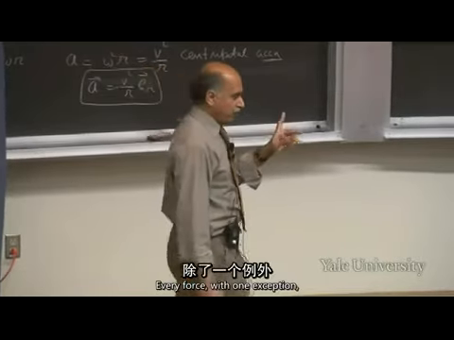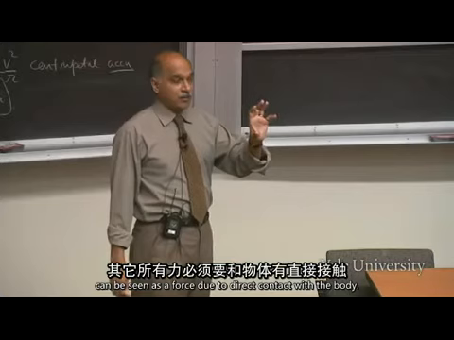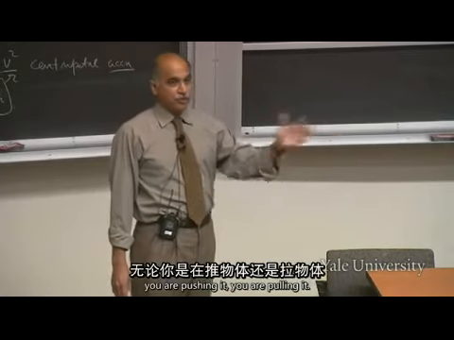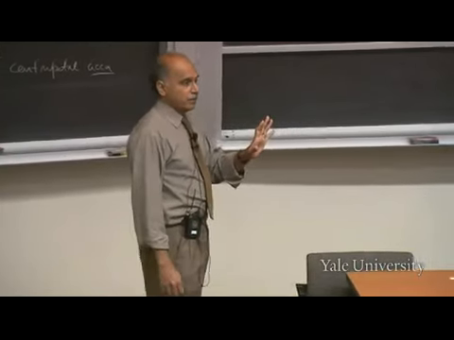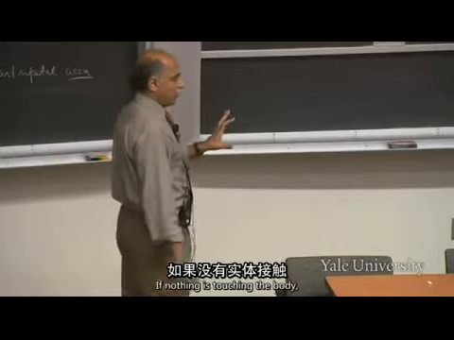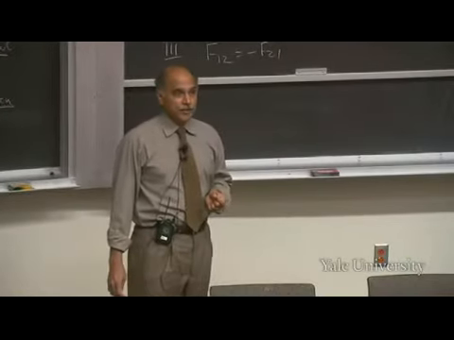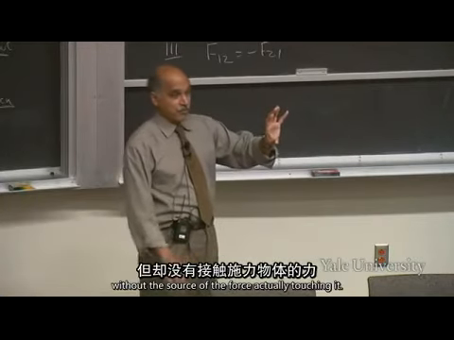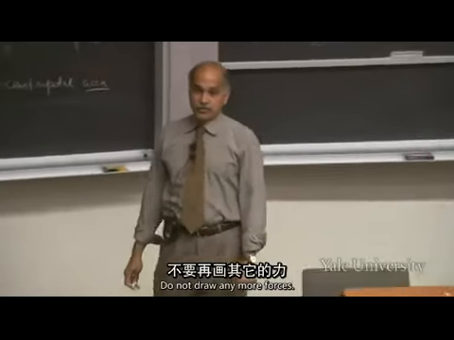Every force, with one exception, can be seen as a force due to direct contact with the body. Either a rope is pulling it, a rope is pushing it, you're pushing it, you're pulling it. That's a contact on the body. If nothing is touching the body, there are no forces on it, with one exception, which is, of course, gravity. Gravity is one force that acts on a body without the source of the force actually touching it. That's it. Do not draw any more forces.